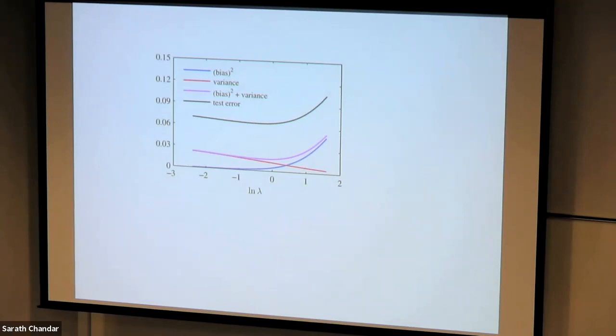You can see that the variance, okay, so in this case, the larger the lambda value, the more bias, okay? So this is more bias. You can see that the bias increases and the corresponding variance decreases, right? Now, when you combine these two together, bias square plus variance, that is the pink line.